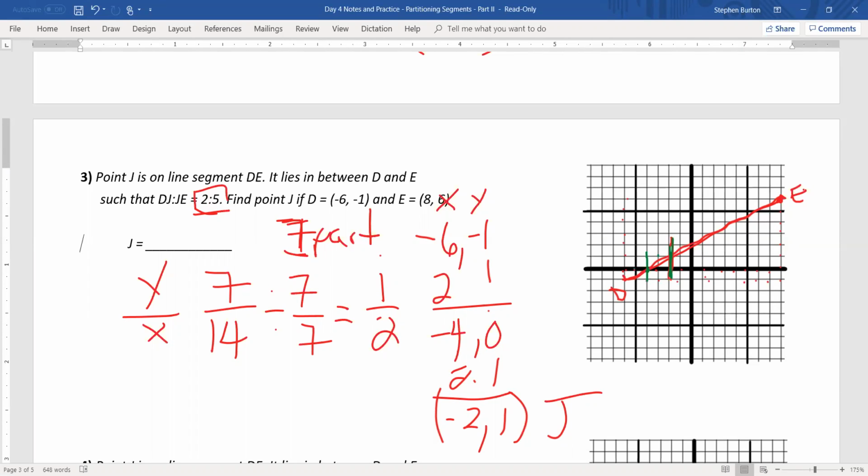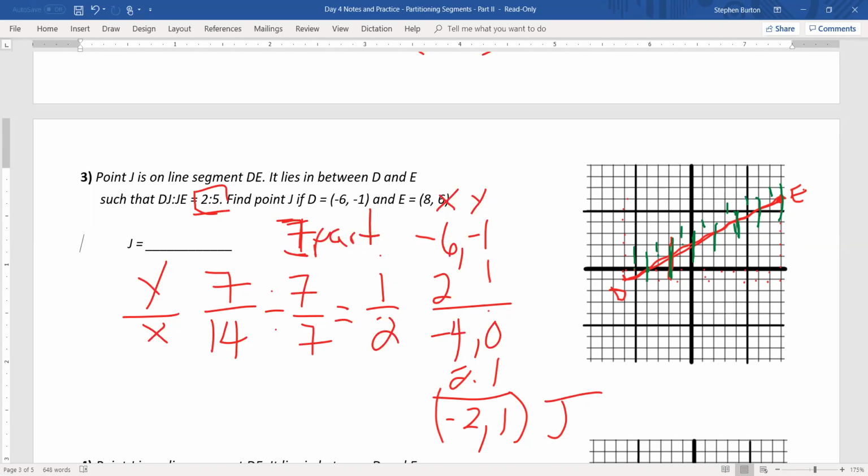Let's try it again. Up 1/1, 2 puts it right there. We'll keep going. Up 1 over 1, 2, it puts it right there. Up 1 over 1, 2 right here, and then we're back to our beginning. How many segments is that? 1, 2, 3, 4, 5, 6, 7.